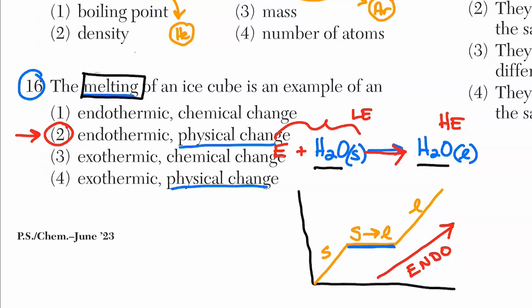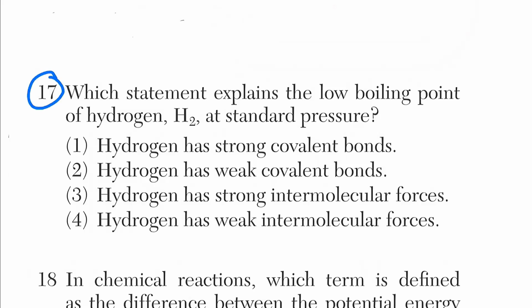All right, on to number 17. Number 17, which statement explains the low boiling point, which means the low amount of energy needed to have a phase change of a liquid going to a gas at standard pressure. So I guess they're asking, why does hydrogen, H2, boil at such a low temperature?